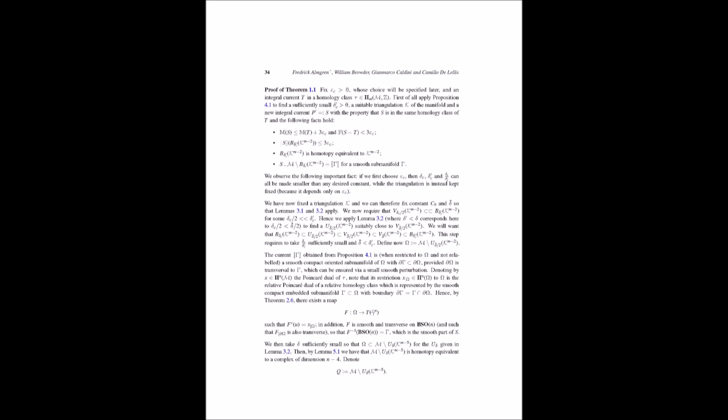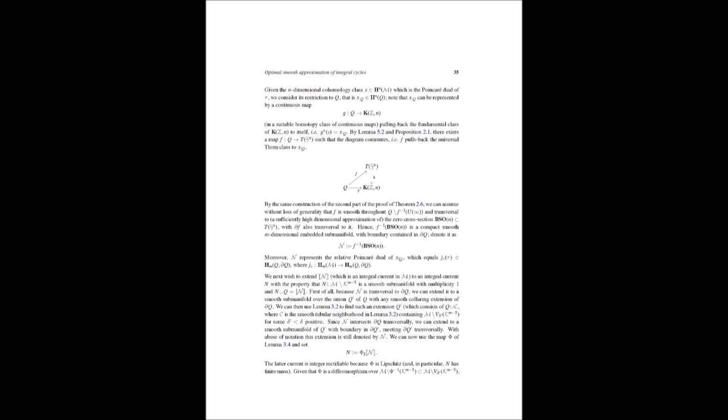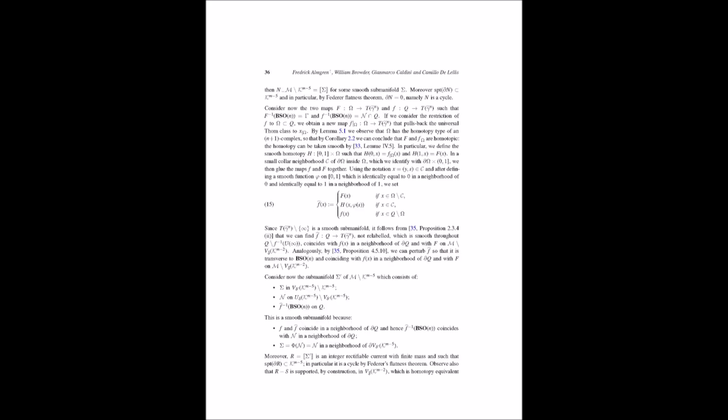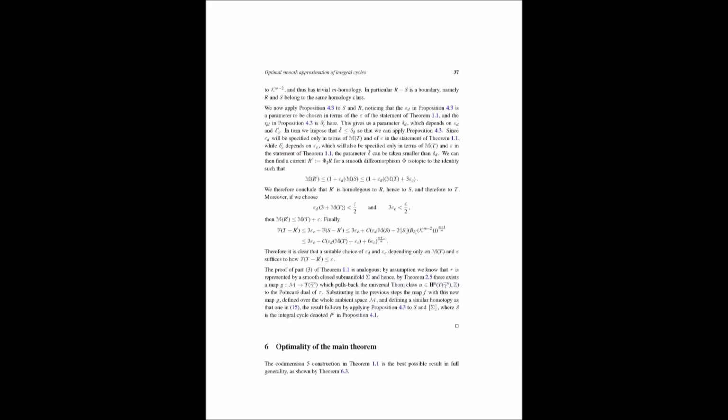Remind me again how the Thom construction fits into all of this. Sure. It's been a few pages since we discussed it. The Thom construction allows us to represent the homology class of our integral cycle as a map from the manifold to a special space called a Thom space. Think of it as creating a kind of topological fingerprint of the cycle. So instead of dealing directly with the geometry of the cycle, they're working with a map that encodes its topological essence.